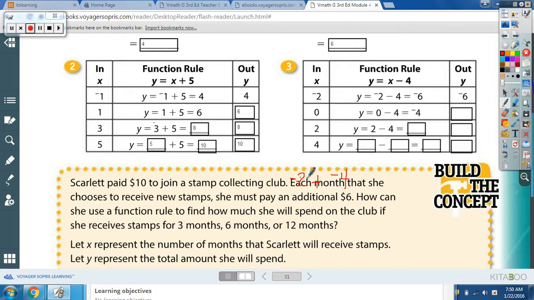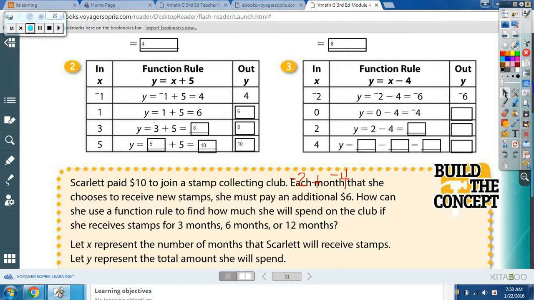Okay? So now we're adding like signs. We have -2 plus -4. So what do we know about adding like signs? We just simply add the numerals together. So 2 plus 4 is 6. We keep the sign, which is negative, so our output should be -6. Okay.